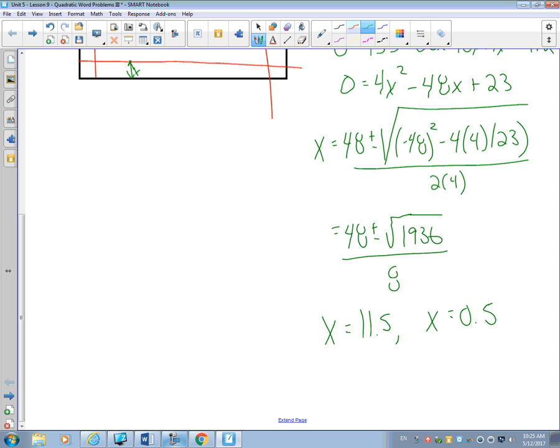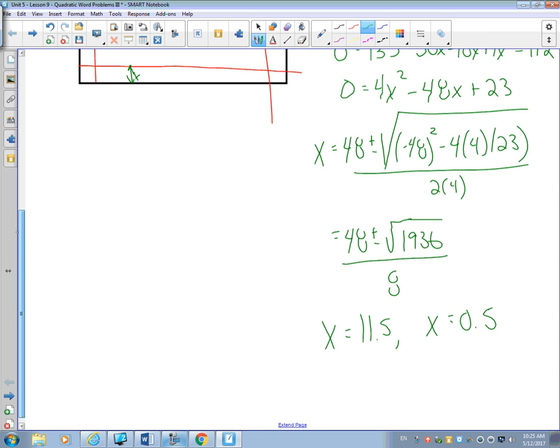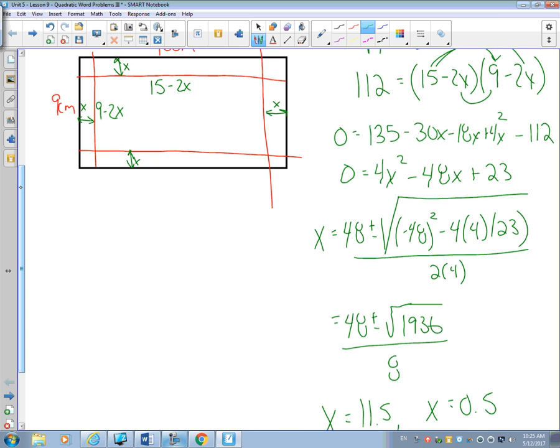As I said in the previous lesson, when you do shape questions, you usually have one that's inadmissible. In fact, you have to have one that's inadmissible. Right now, I have 2 positive answers, so they both seem admissible, at least until we go back to the question. The whole idea of x is the amount that you're cutting off. So I've only got a 9 centimeter wide piece of tin, and I need to cut 11.5 centimeters off the top and bottom of that.